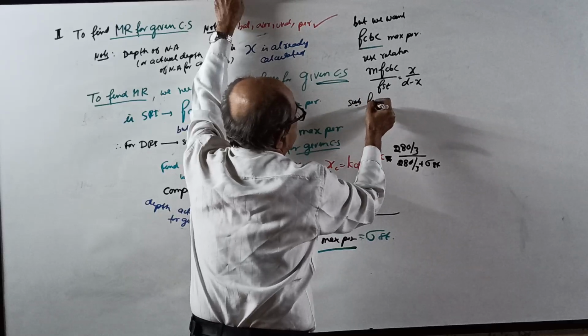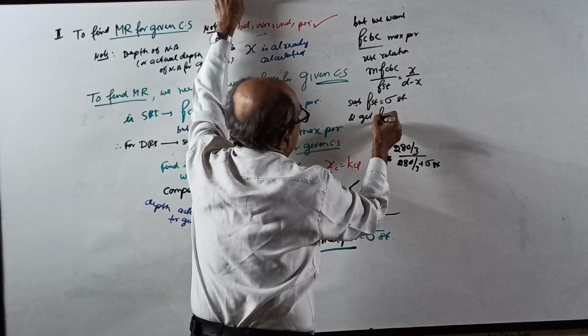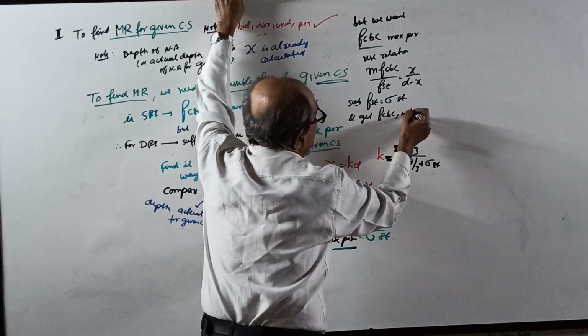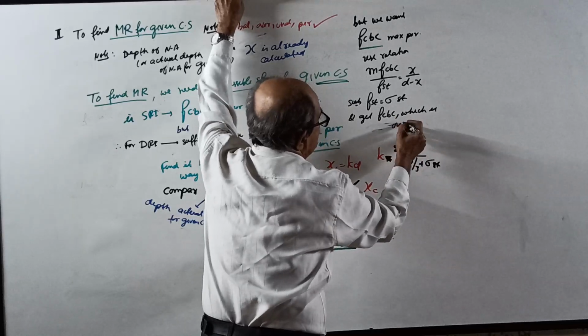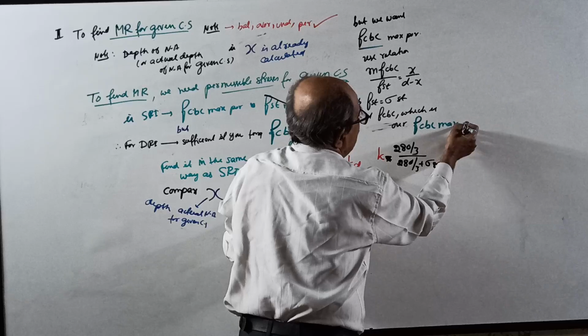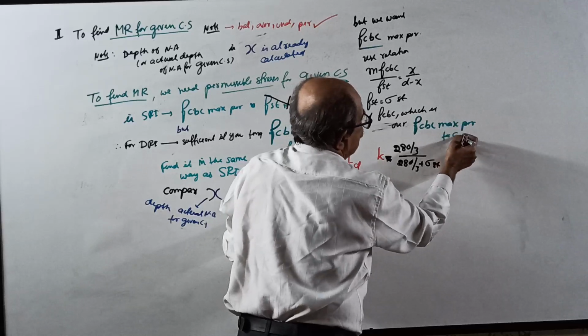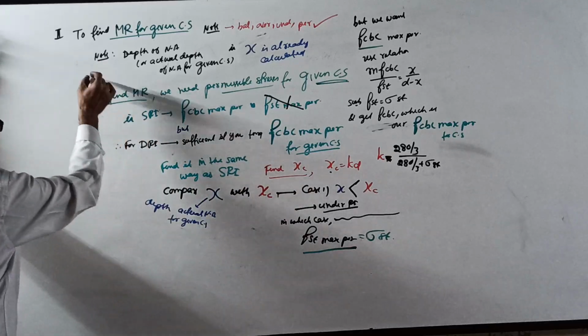Substitute FST equal to sigma st and get FCBC, which is our FCBC max permissible for the cross section. Space problem, you should write it somewhere there.